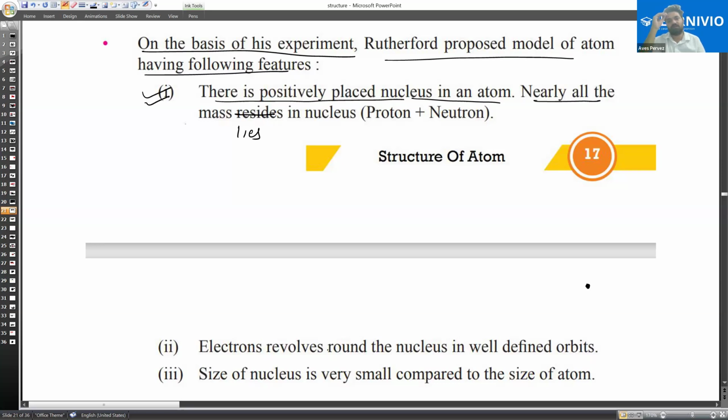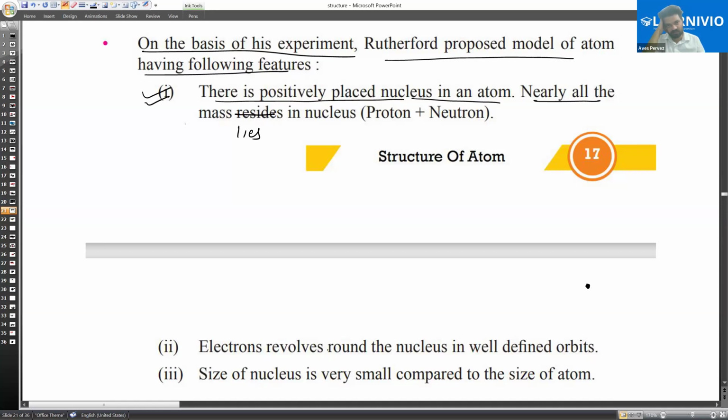He said that most of the particles pass straight, indicating that the atom has a lot of empty space. Second, some of the alpha particles get deflected to small angles, indicating that there are some charged particles present inside the atom through which the alpha particles get deflected.